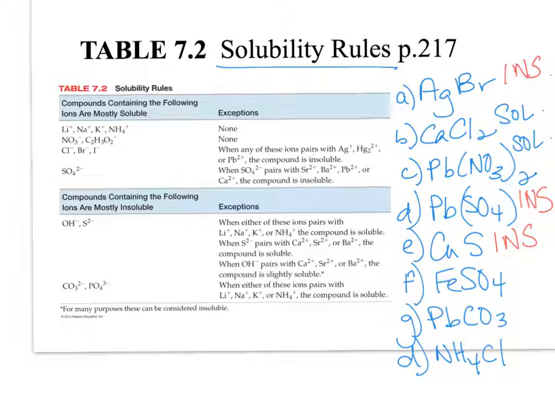Next up, we have iron and sulfate. We have sulfate listed here as being soluble, and looking across at the exceptions, iron is not an exception, so that means that iron sulfate is soluble.